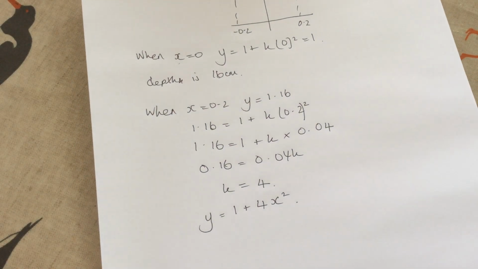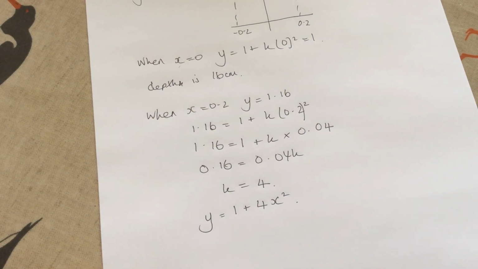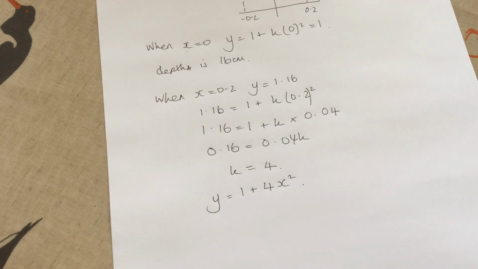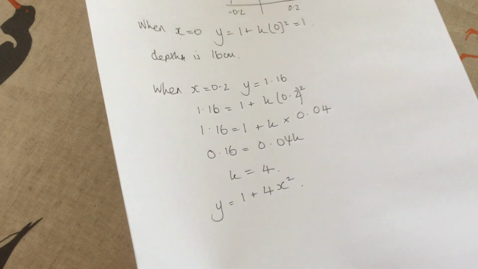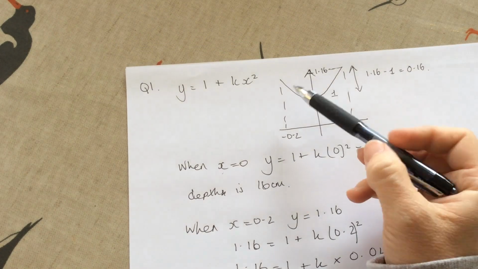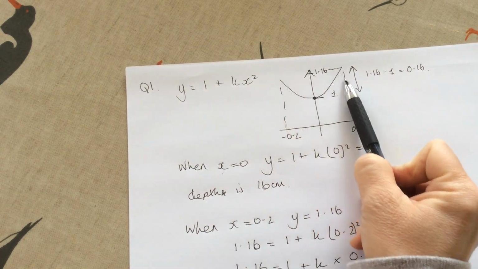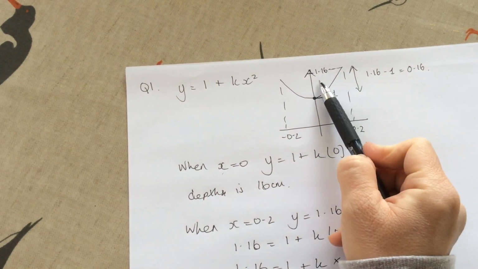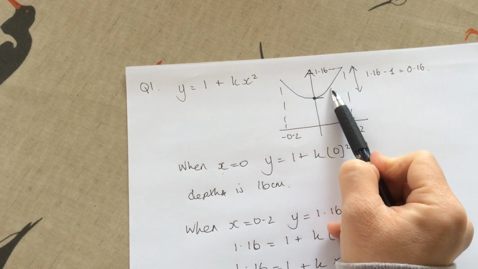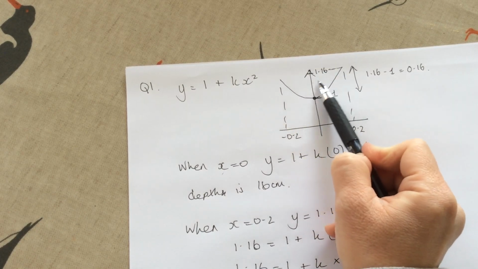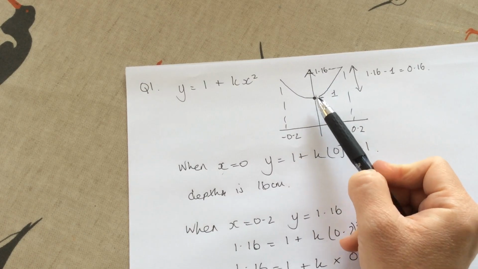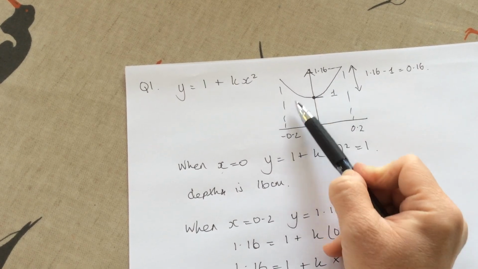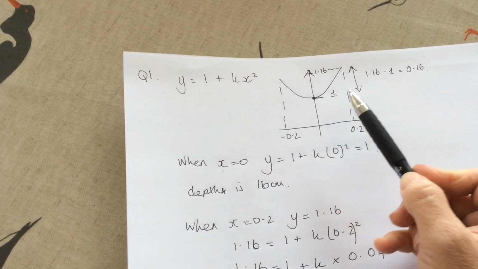Right, you were then asked to find the volume of the concrete that was required to make the bird bath, according to the model, giving your answer in metres cubed. The first thing I did here was work out what the volume of this would be as a complete cylinder. Then I'm going to work out the volume created by rotating this bit of the curve around the y-axis, and subtract the two, because this is obviously hollow, and what I want is what this would give me.